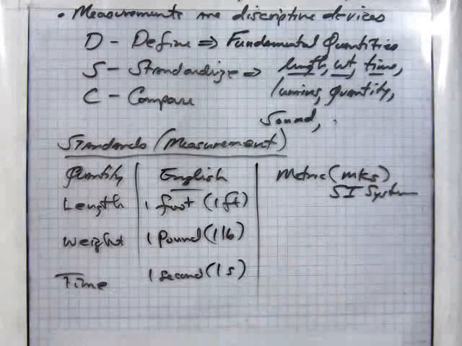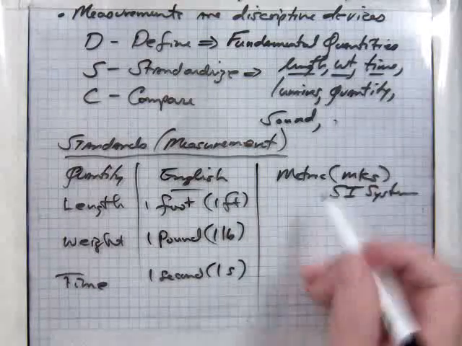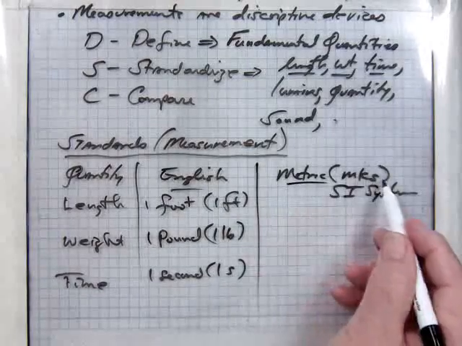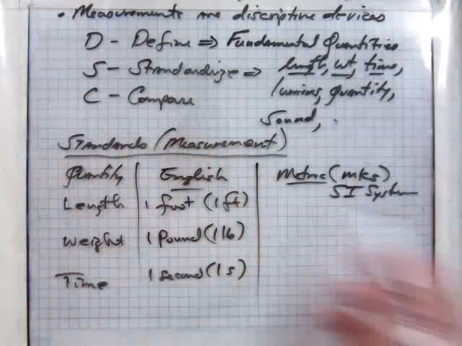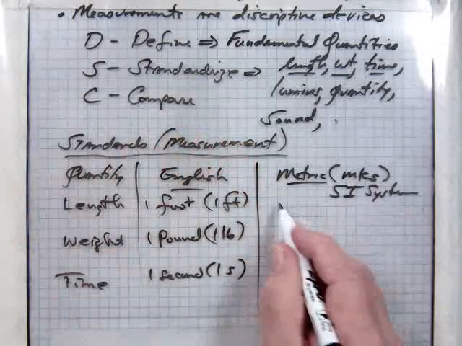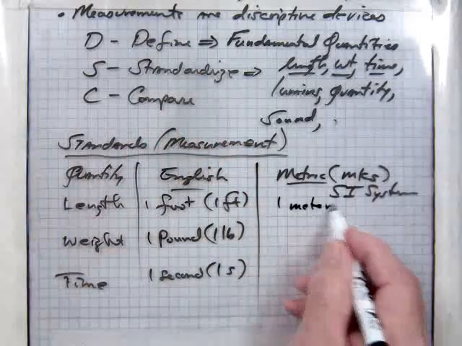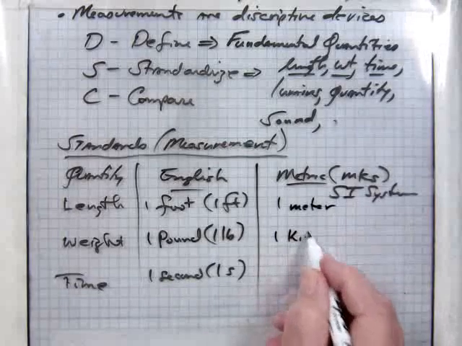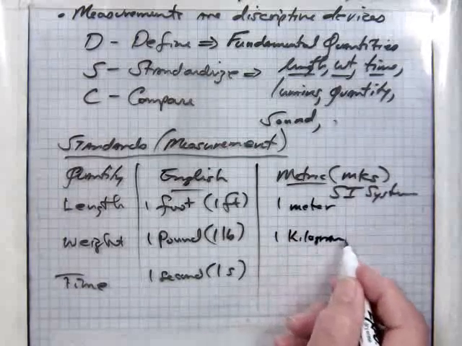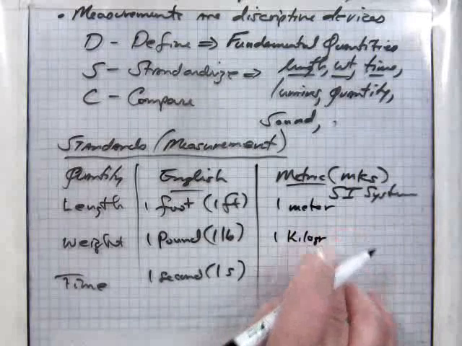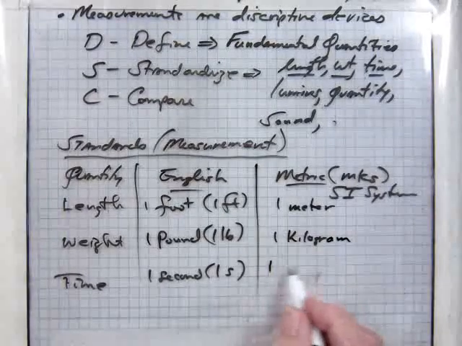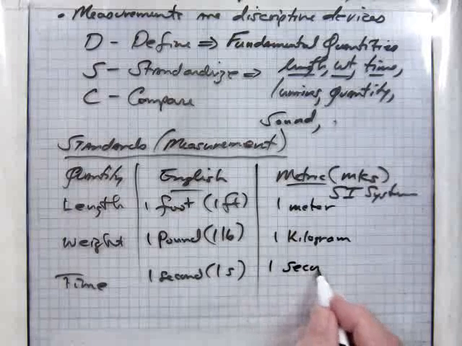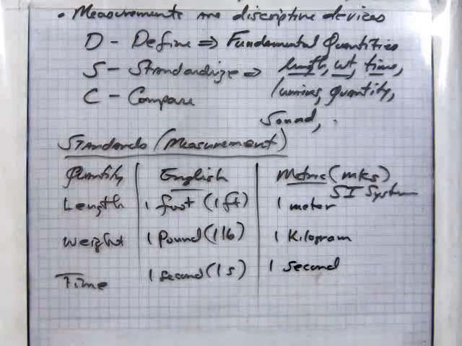That's more than anything. Now, over in the metric system, in the MKS, that's what it means, meters, then the kilogram, and the second, the standards are 1 meter, 1 kilogram, which is a multiple of a fundamental, and of course 1 second also is in the MKS system.